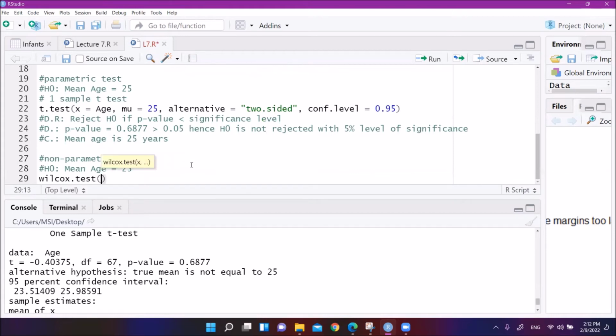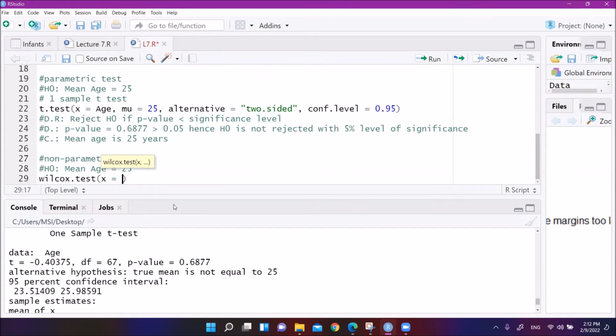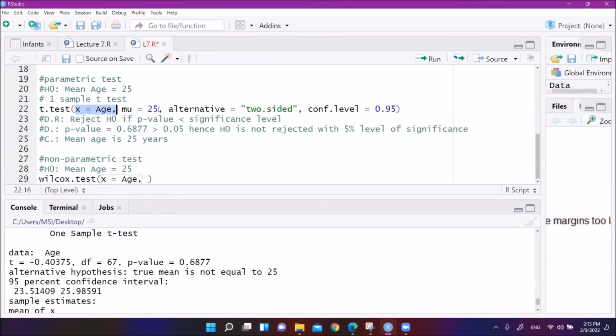It's also in the base package, so you don't have to install any package. When you press Control spacebar, you get the drop down. You have to give the same arguments here: the hypothesized value, alternative, everything. You can even simply copy and paste this. It's enough.